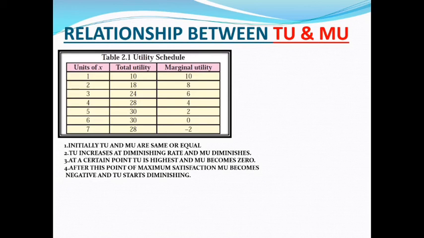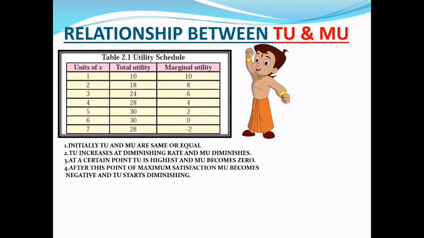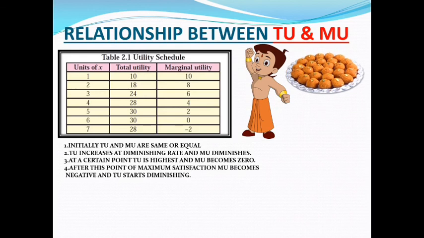We can understand this with the help of a small example of Chota Bheem. Yes, my dear students, Chota Bheem, when he is hungry, uses laddu to satisfy his hunger, and thus each unit of this laddu will satisfy his want and give him utility.